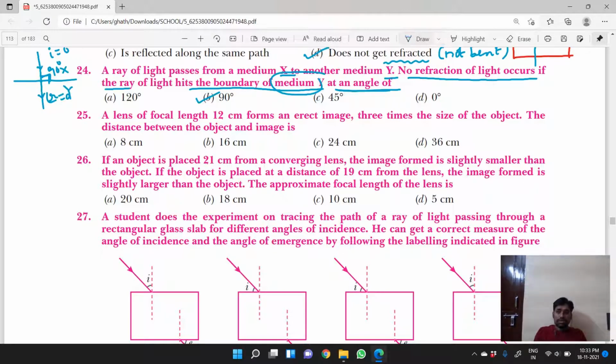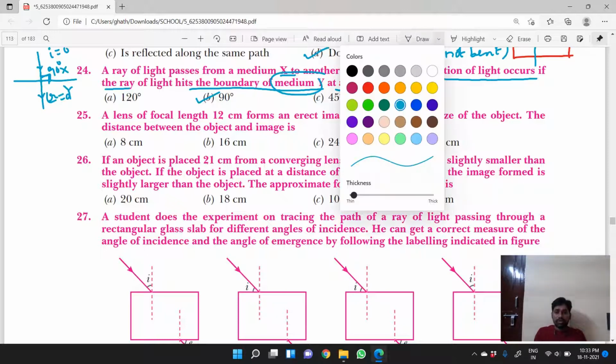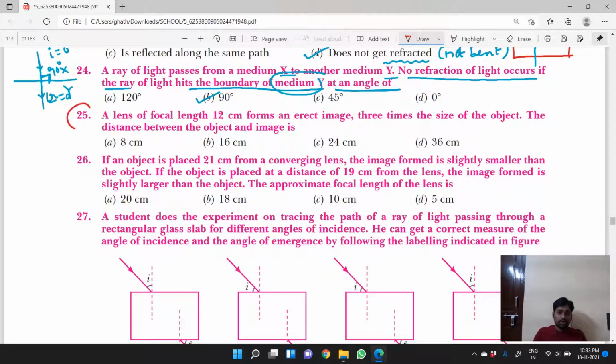Next, question number 25. A lens of focal length 12 cm forms an erect image 3 times the size of an object. Find the distance between the object and its image.